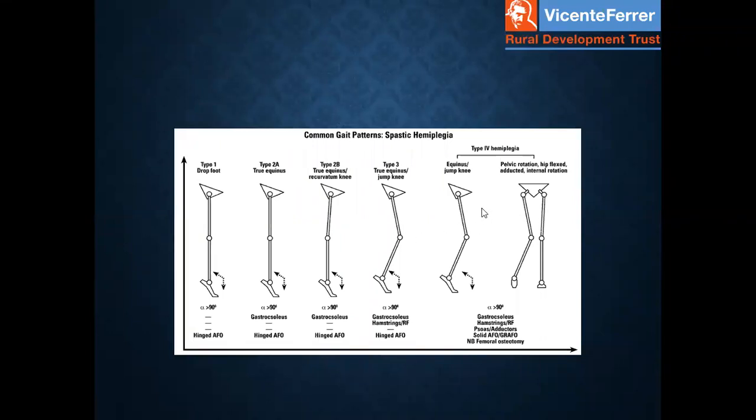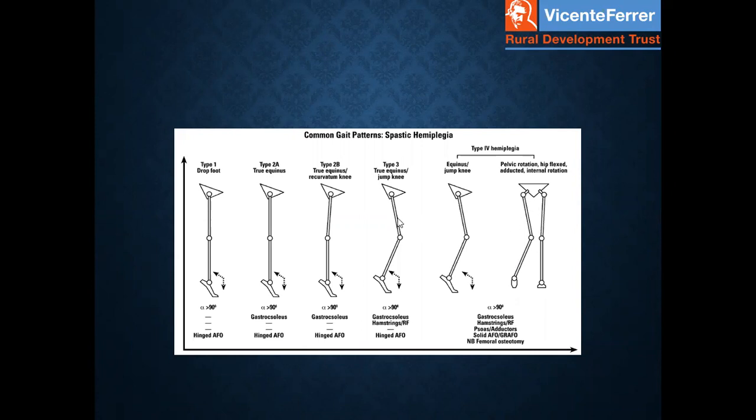In type 4, apart from hamstring and gastrosoleus spasticity, you will have adductor spasticity. So you can see the adduction at the hip joint and some internal rotation. If we see adduction along with hamstring contraction and gastrosoleus contraction, it is type 4 hemiplegia.